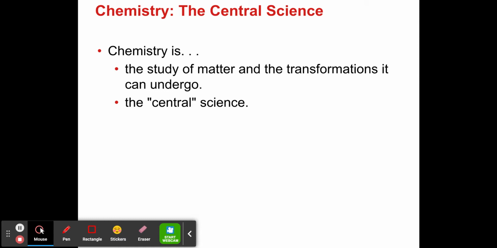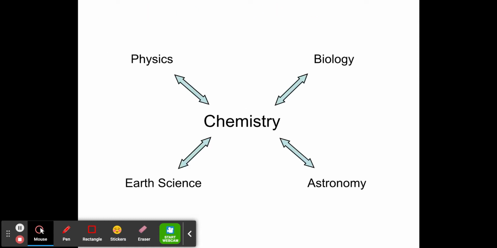One thing about chemistry compared to other sciences is that chemistry is a central science. What that means is that all the other sciences like physics, biology, earth science, astronomy, they all incorporate chemistry in them. So understanding chemistry helps you to better understand all the other sciences because chemistry is part of it.